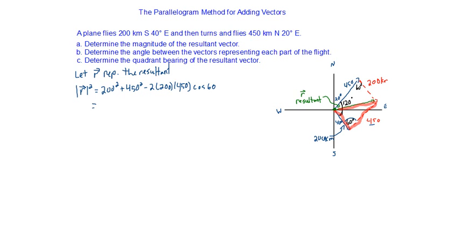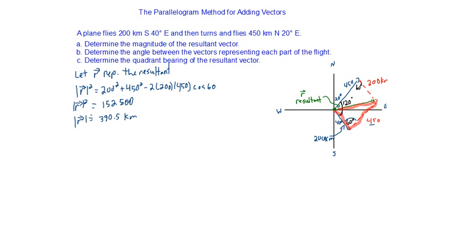And so we can plug that all into our calculator, and we'll get that R squared, the magnitude of R squared, is equal to 152,500. And then we can take the square root of that to find the actual magnitude of the vector R. The square root of that is approximately 390.5 kilometers.